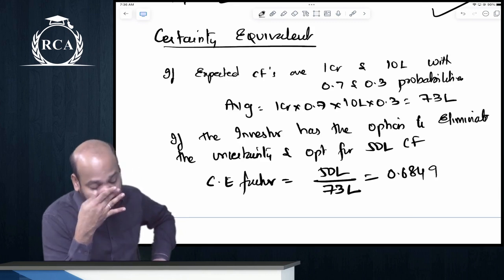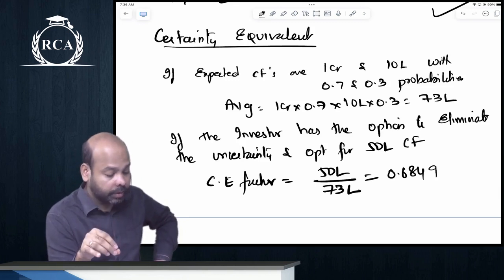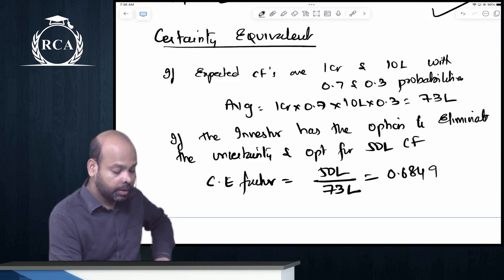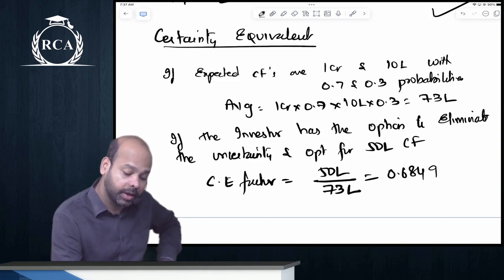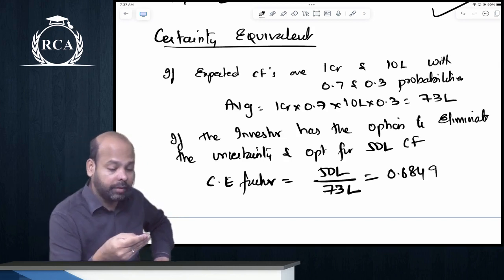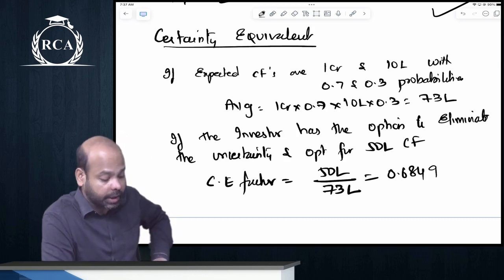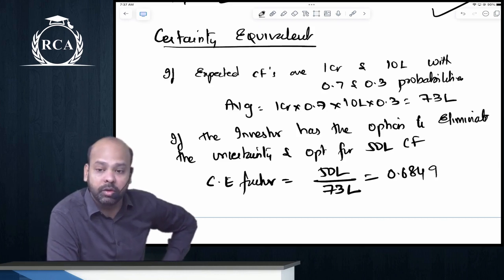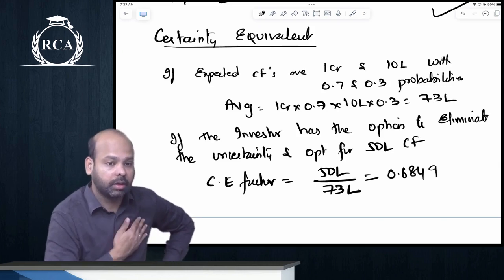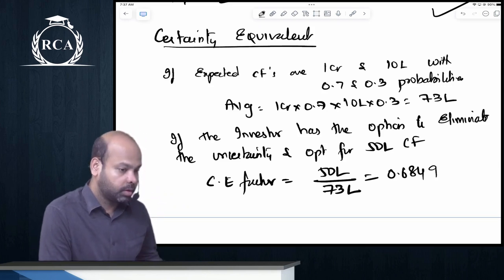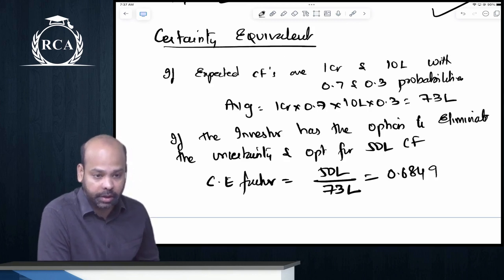However, it is difficult to arrive at the certain cash flow component.